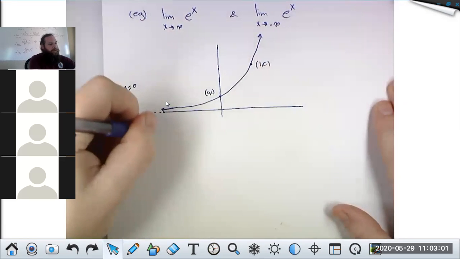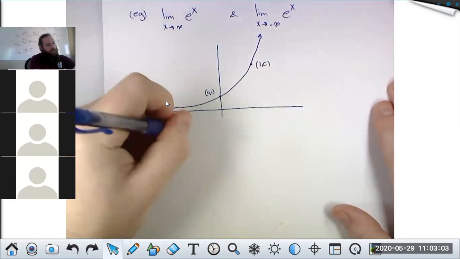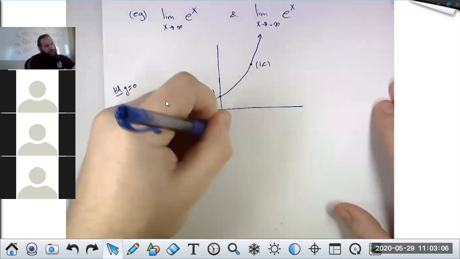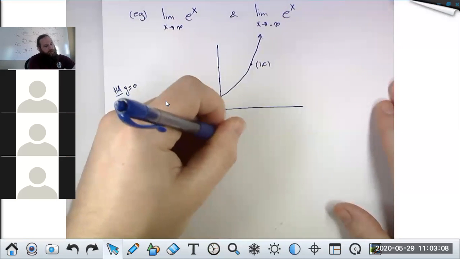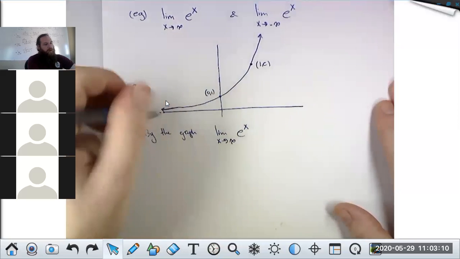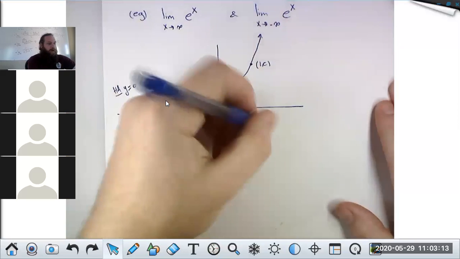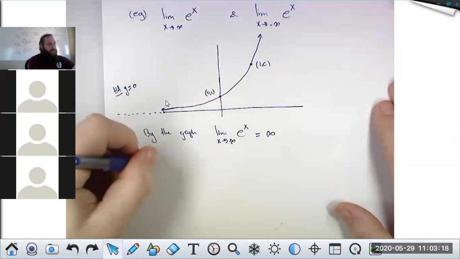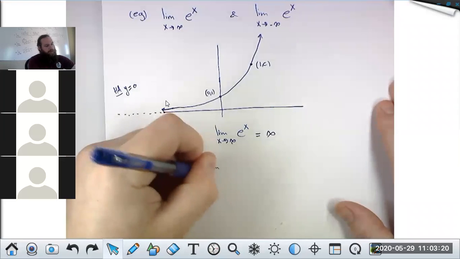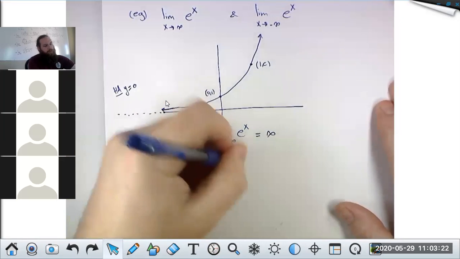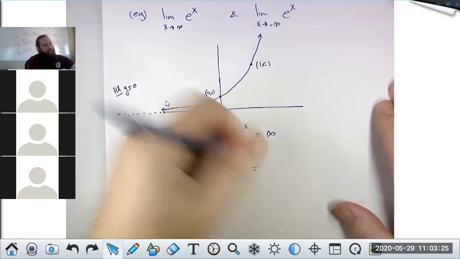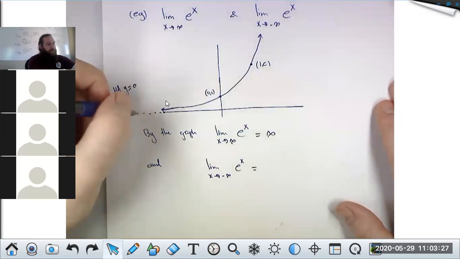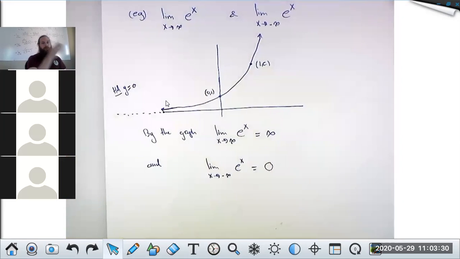So by the graph, the limit as x approaches positive infinity of e to the x, if I wander off to the right along this graph, it just gets huge. That's plus infinity. And the limit as x goes to negative infinity of e to the x, if I wander off on the left side of the graph here, I get closer and closer and closer to 0. It's that second limit that's especially important.